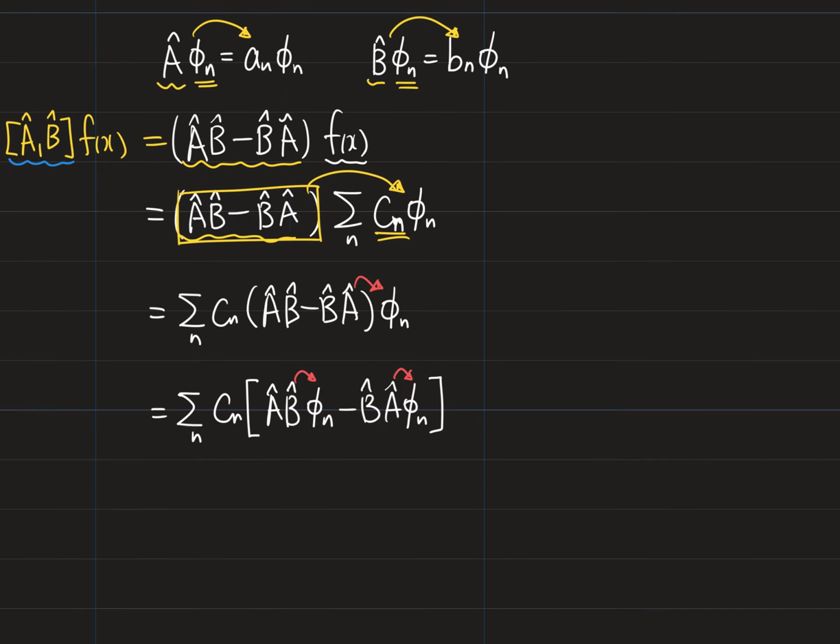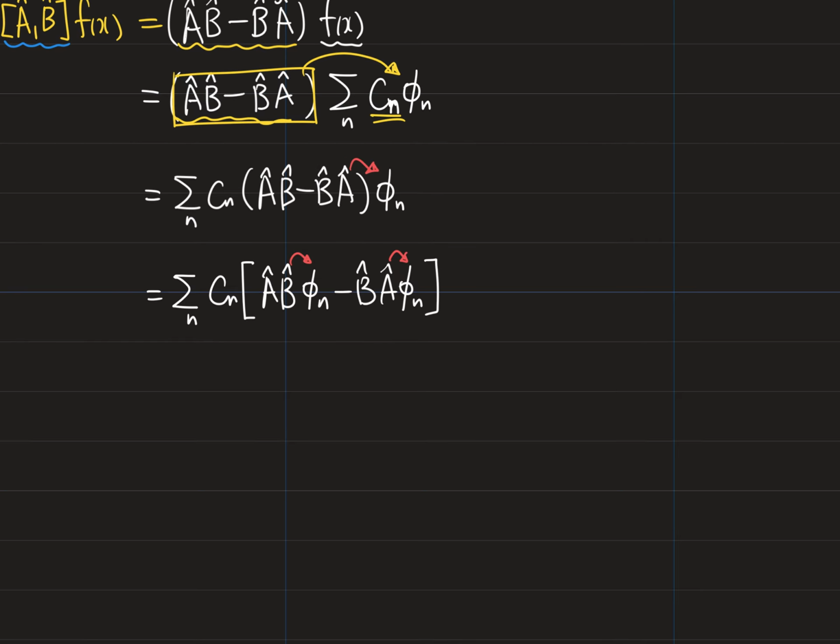So you remember that the complete set Pn is the eigenfunctions of both operator A and B. That means we are going to have something like this. And again, the eigenvalues an and bn, they are just simple constants.